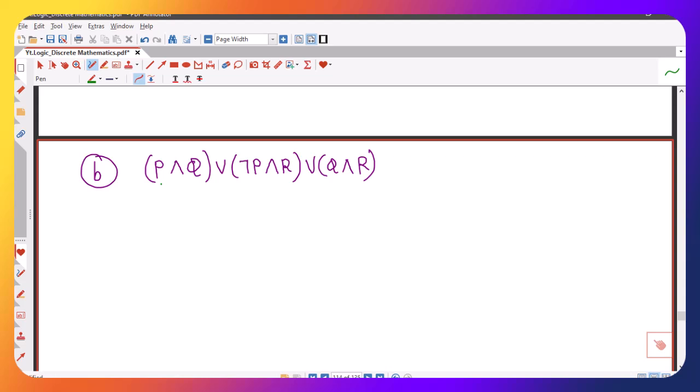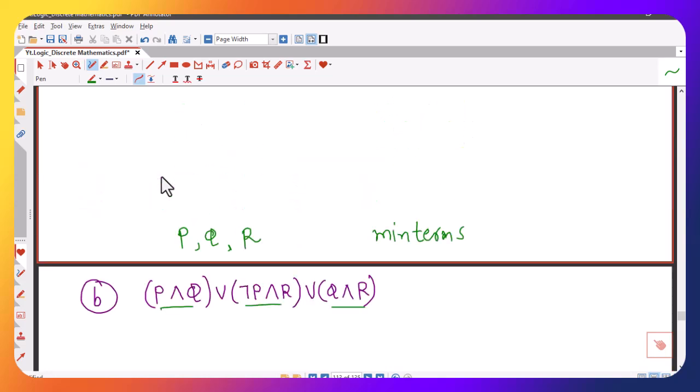Now first we have to observe the number of variables in a given formula. Here we have 3 variables p, q and r in the given formula. Therefore our min terms will consist of 3 variables p, q and r.